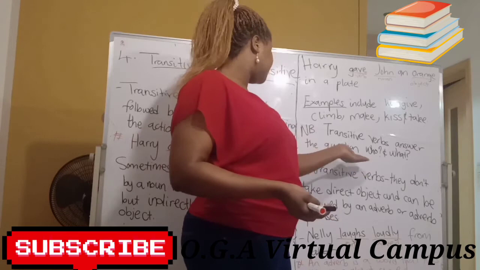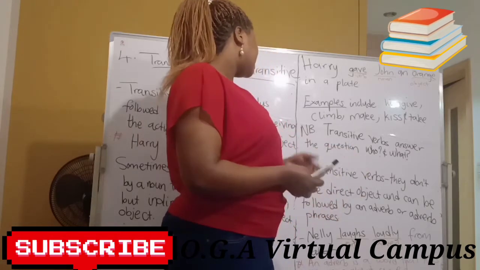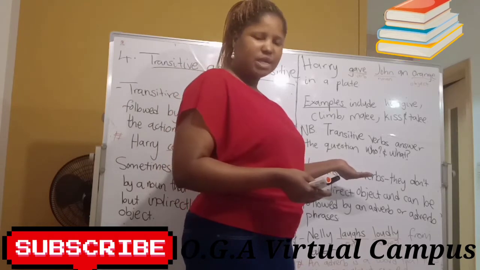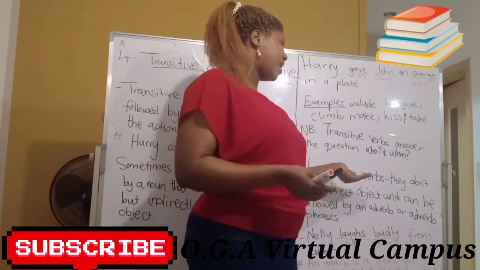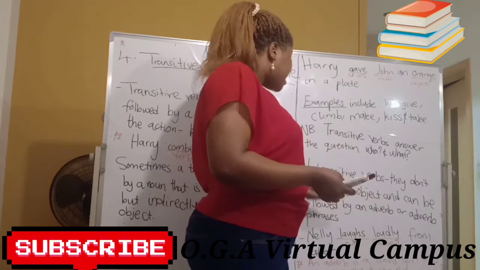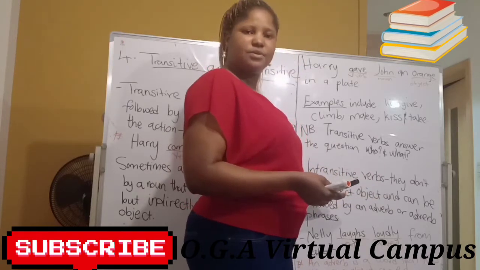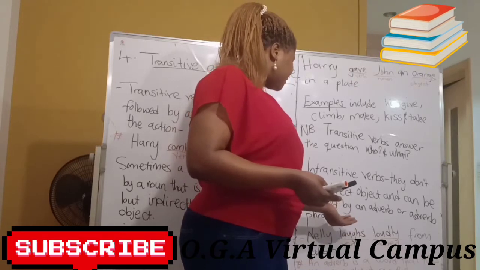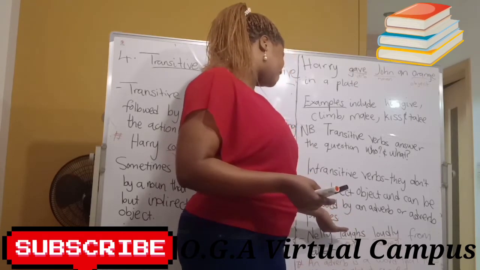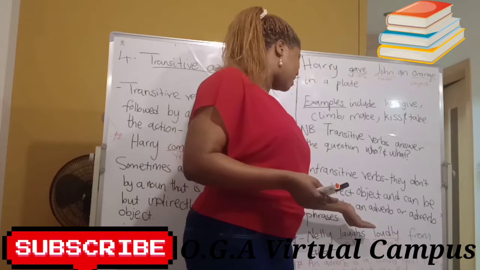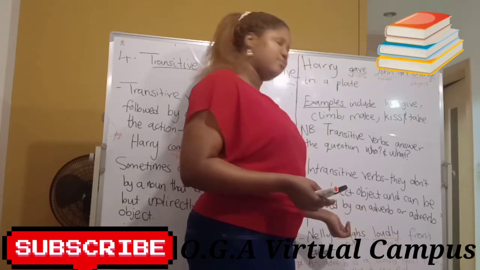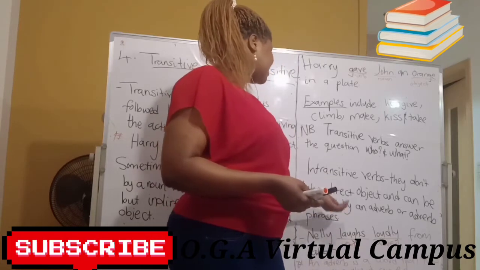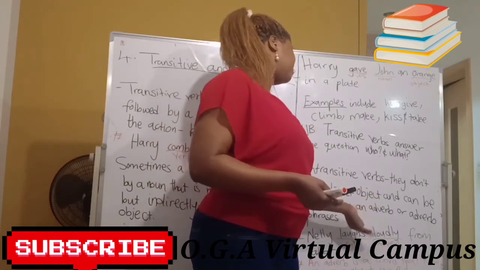It's an intransitive verb because it doesn't take a direct object and can be followed by an adverb or an adverb phrase, like in this sentence. Laughs is our intransitive verb and is followed by an adverb. So you see, it's clear from this that this one is an intransitive verb.